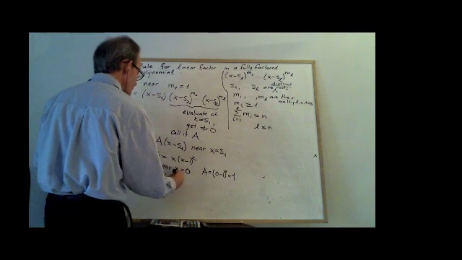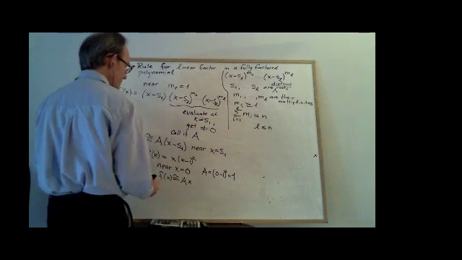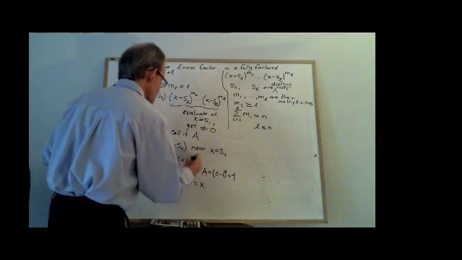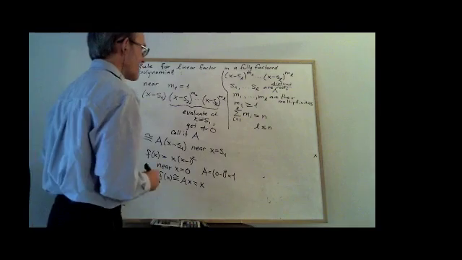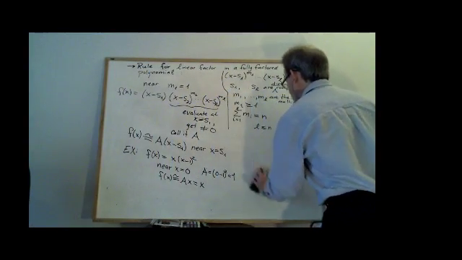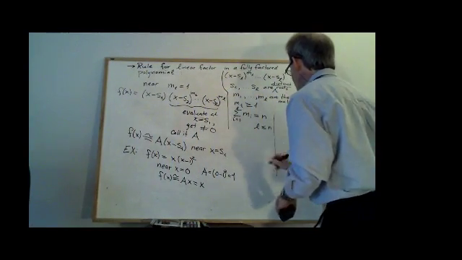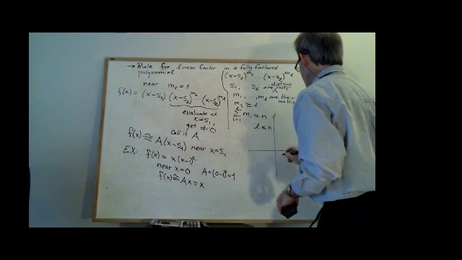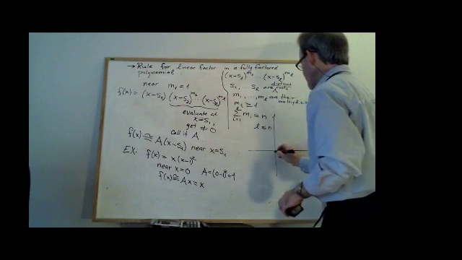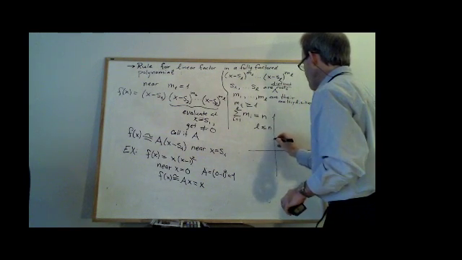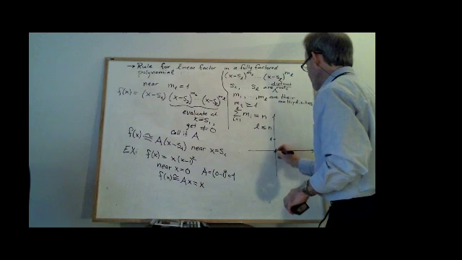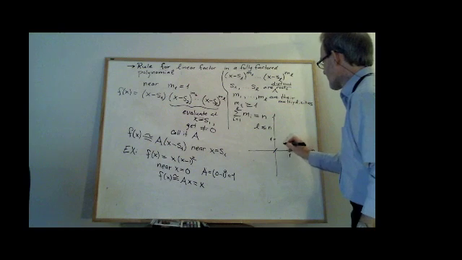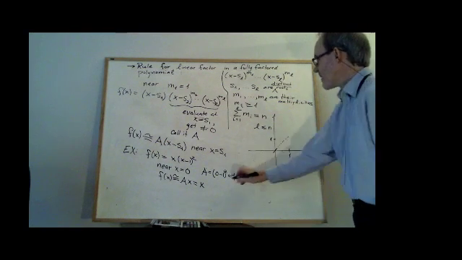So the function acts like A times x near x equals 0, which is just x. Okay, so back to our function here. Let's draw the graph. It looks like the straight line x. So here, if this is 1 and this is 1, then my graph looks something like this. That's the line y equals x.